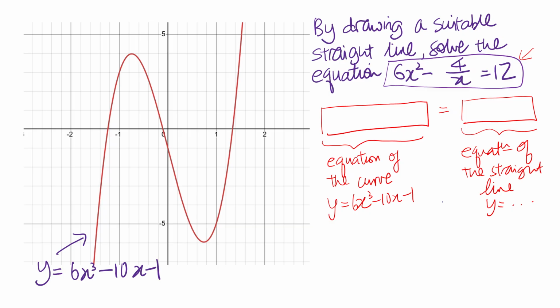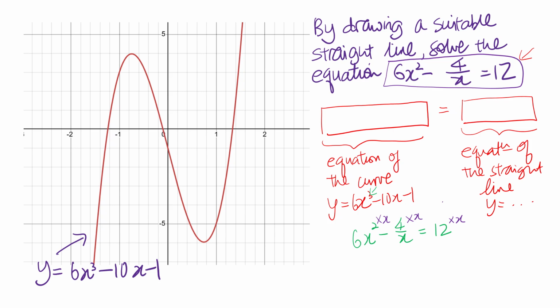So from 6x squared minus 4 over x equals 12, in order to get the equation of the curve, which is a cubic, x to the power 3, I have to multiply x to every term.